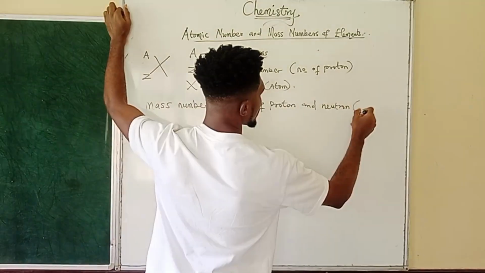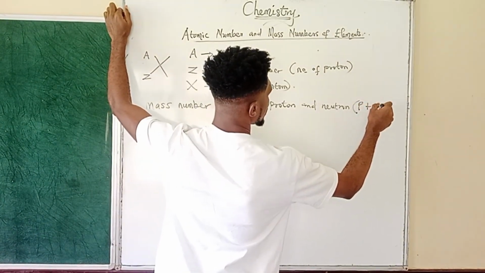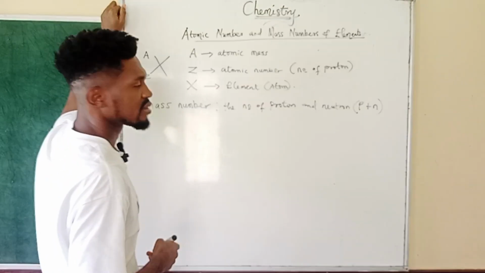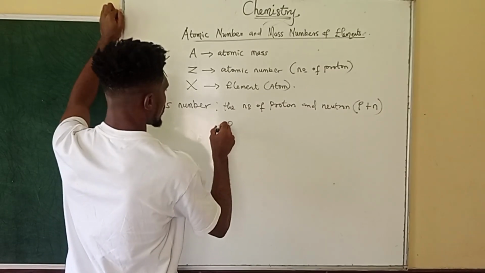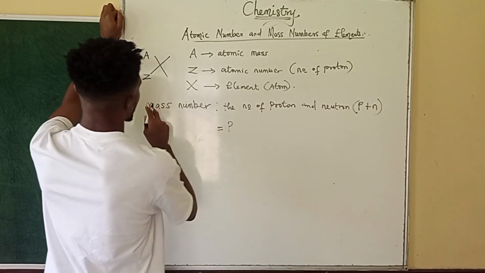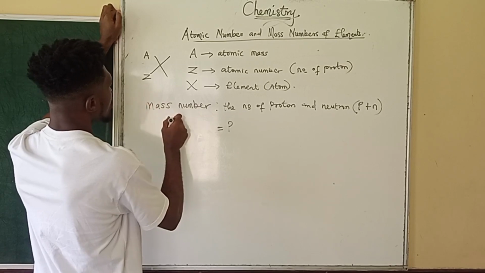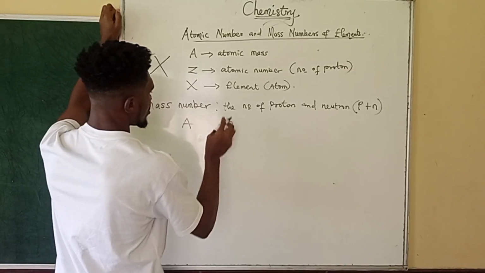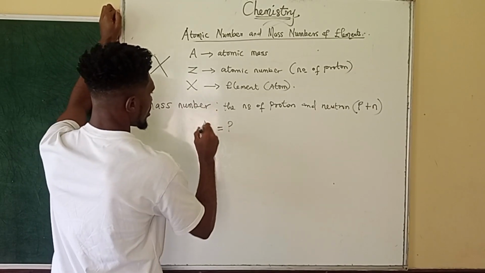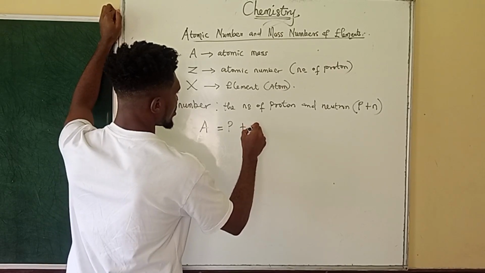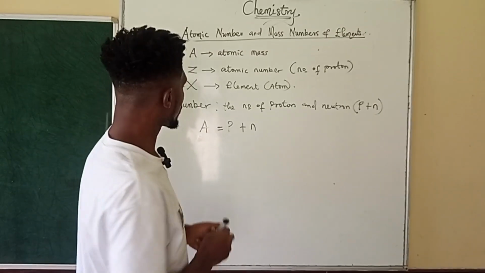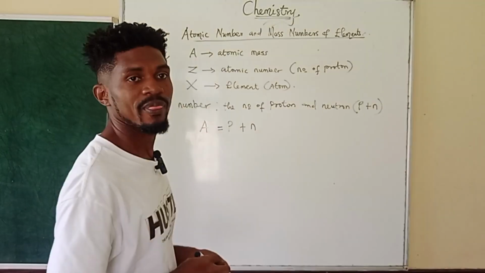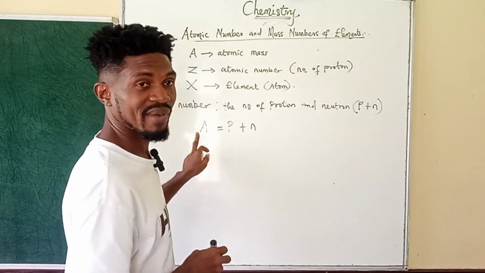That is, what it simply means is that proton plus neutron will give you the mass number, which is A. A is equal to P plus N. That is, proton plus neutron will give you the atomic mass.